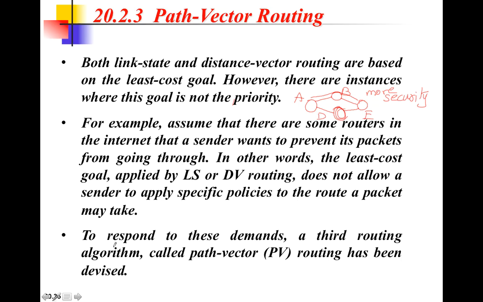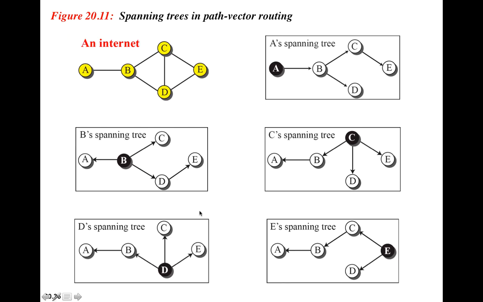So this is why we make use of path vector routing. So we can specify different policies to route the packet. In this case, we have a network of 5 nodes, A, B, C, D, and E. Now this is A's spanning tree. A's spanning tree has been made in such a way that we are avoiding D to be an intermediate node.